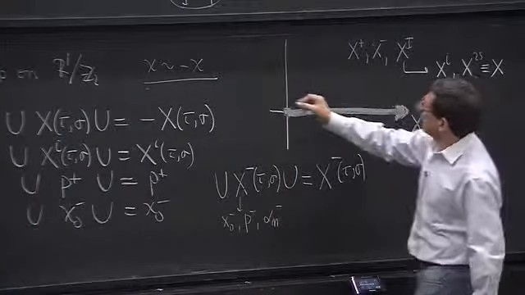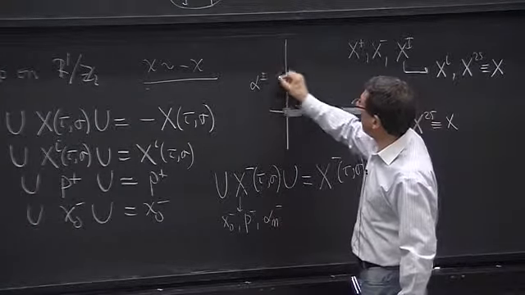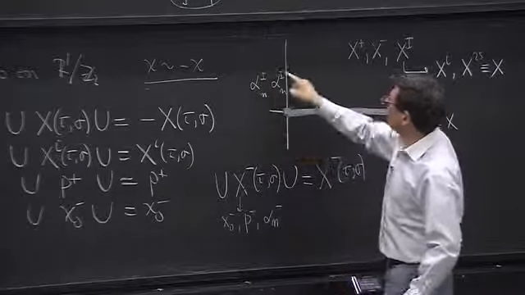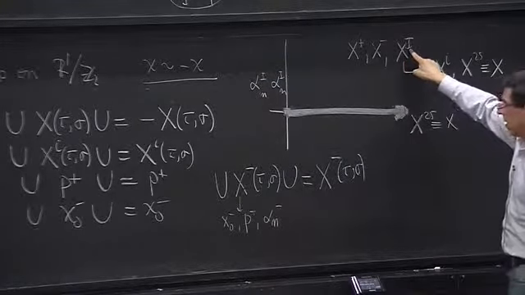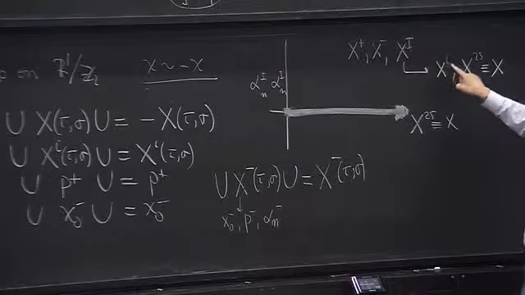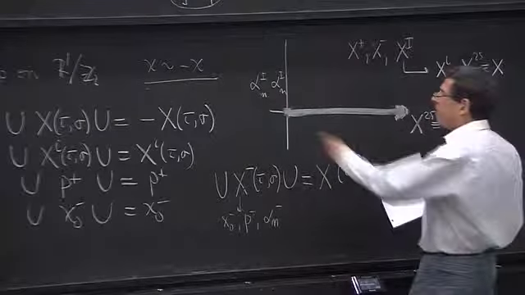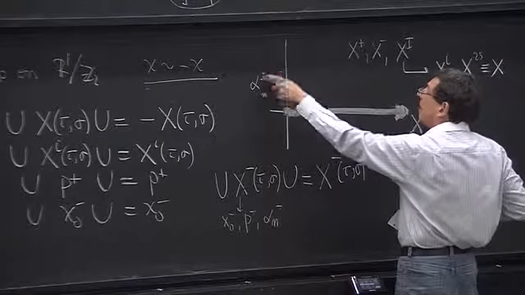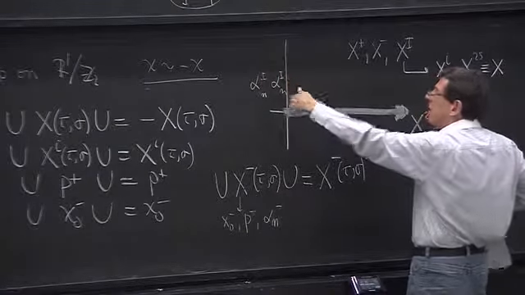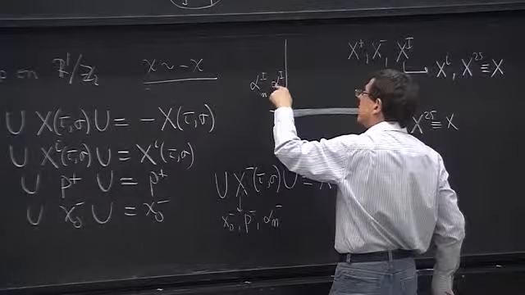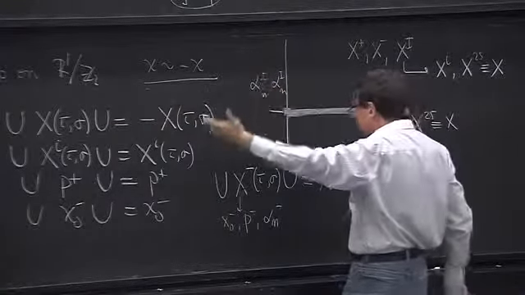All Virasoros are products alpha i and alpha i, and you sum over all i's. So you sum over all little i's, and you sum over x25. But x25 appears squared. So if the x25s change sign, when they change sign twice, it doesn't matter.